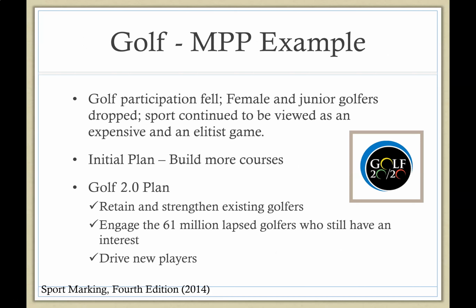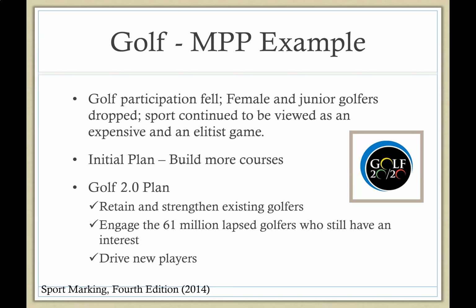So, an example from the world of golf. Golf participation has fallen, particularly with females and younger people. The initial plan golf had was, well, we need to build more courses. Well, that's not true because you don't have anybody to play them.